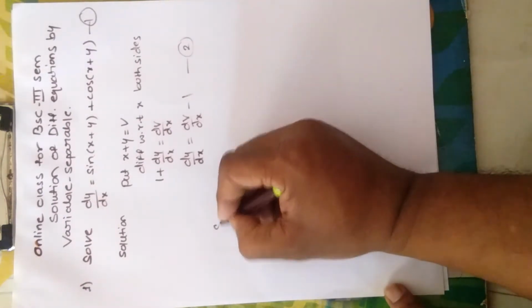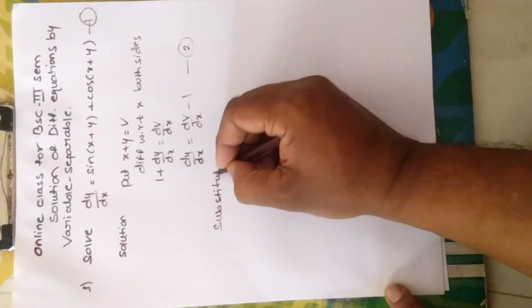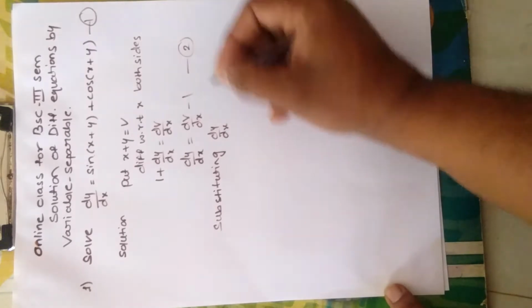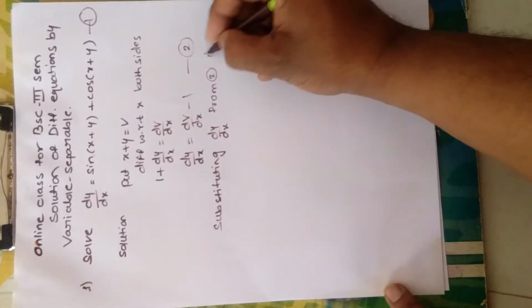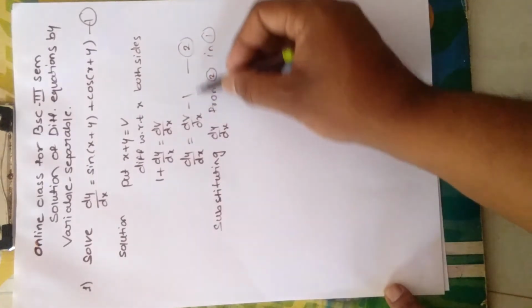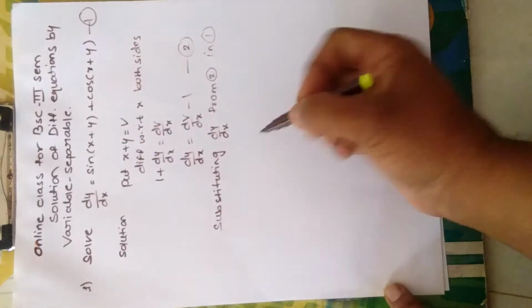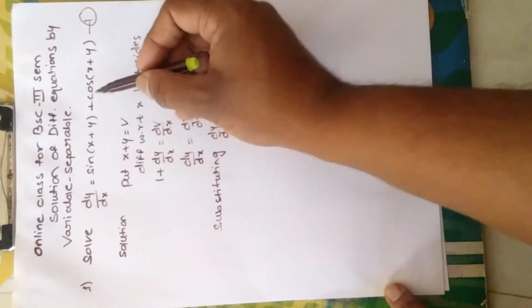Now substituting dy/dx from 2 in 1. Okay, so this dy/dx we have to substitute in this equation, and also we have to substitute x + y = v in this equation.